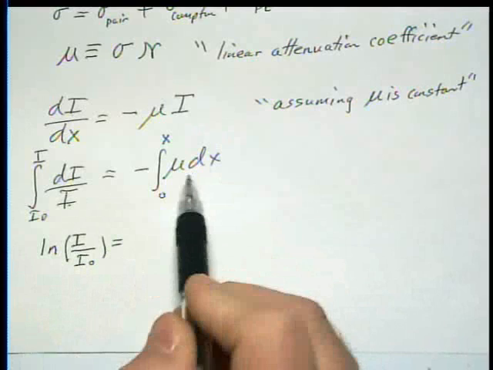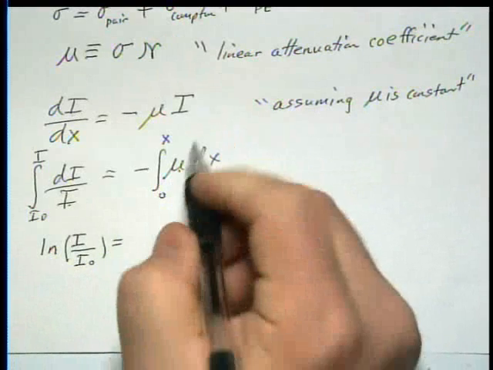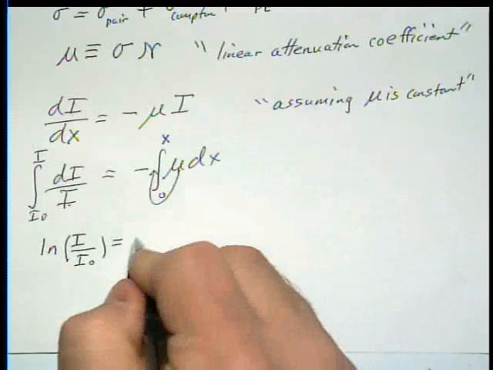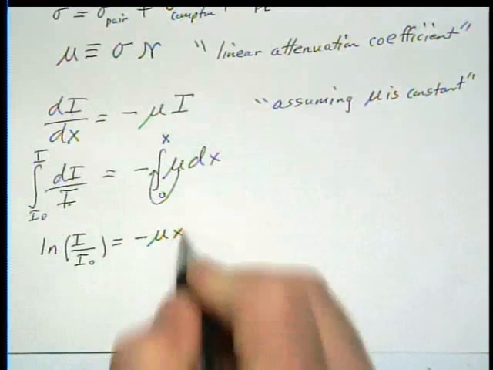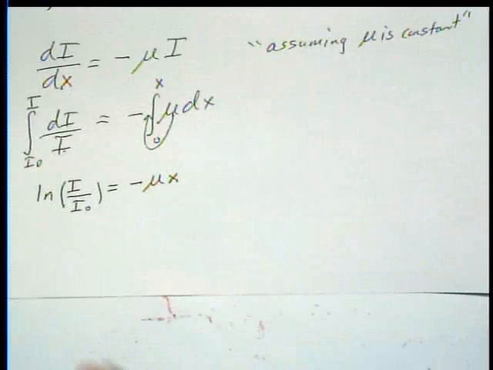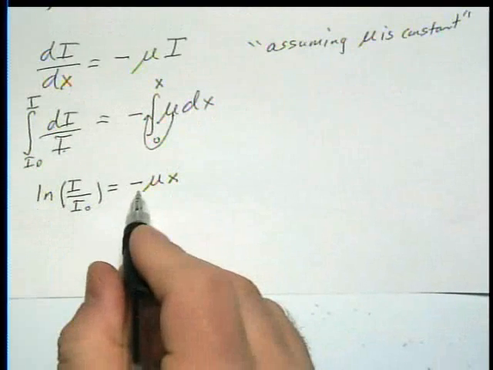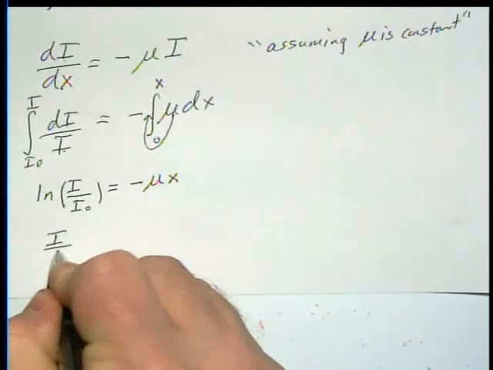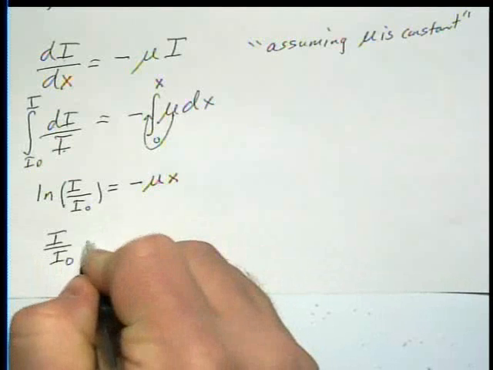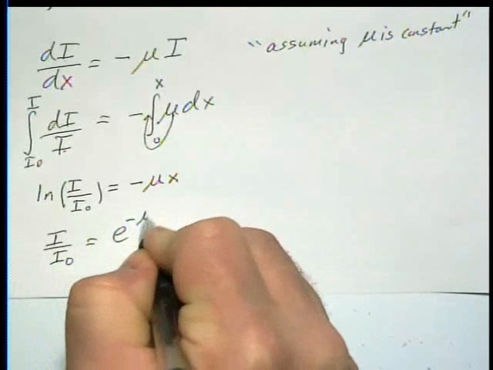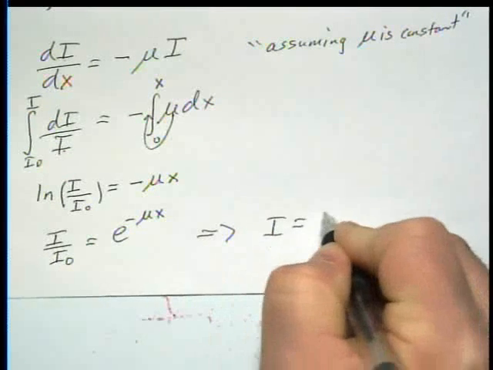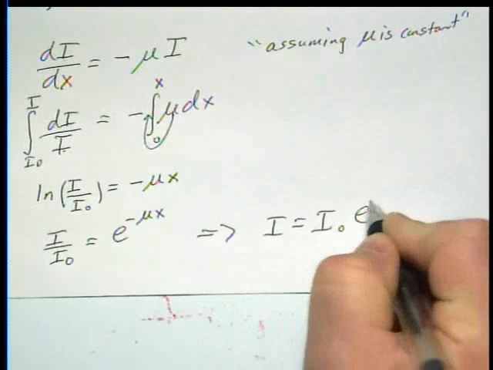And because we said mu is a constant, it's going to come outside, and we just have the integral dx, which is x. Get rid of the natural log, we take the exponential of both sides, and solve for I gives us this equation that's in the book.